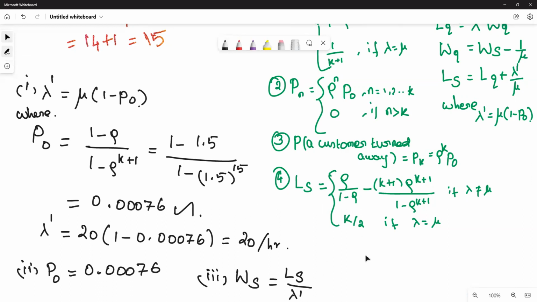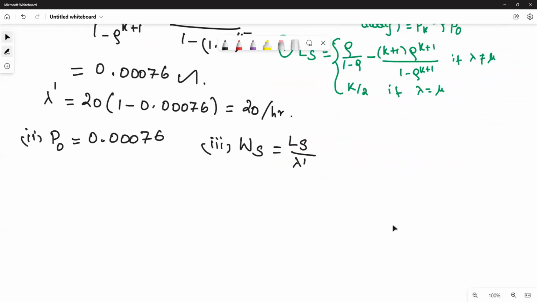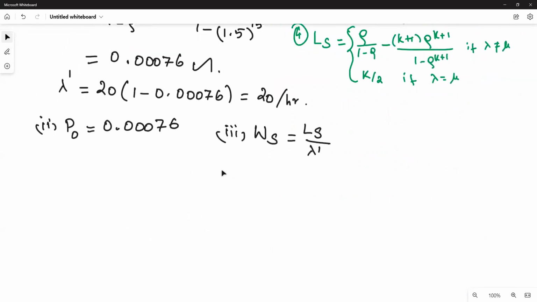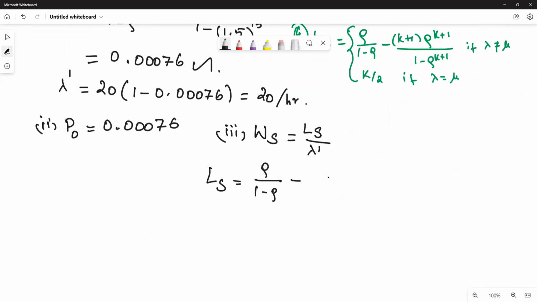LS can be calculated using the formula rho by 1 minus rho minus (K plus 1) rho to the power K plus 1 divided by 1 minus rho to the power K plus 1.